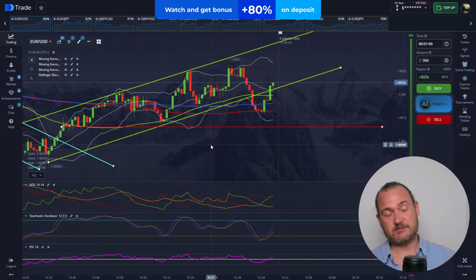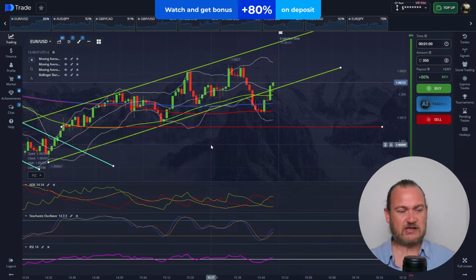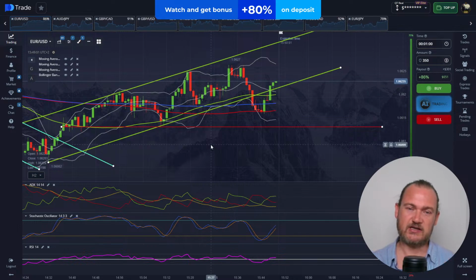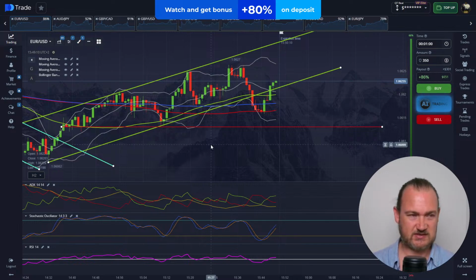If we get entries from our strategies, whatever strategy we're using, especially on a trend line, it's probably going to be a higher probability trade than if it's in the middle of a channel somewhere, or not even close to any support and resistance.